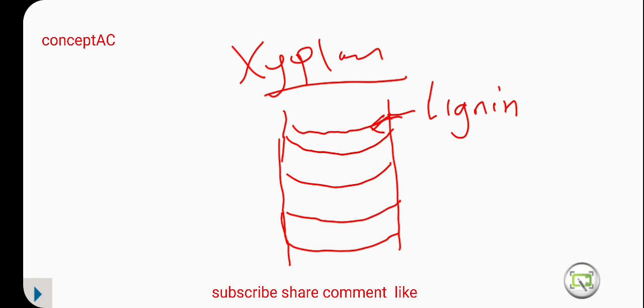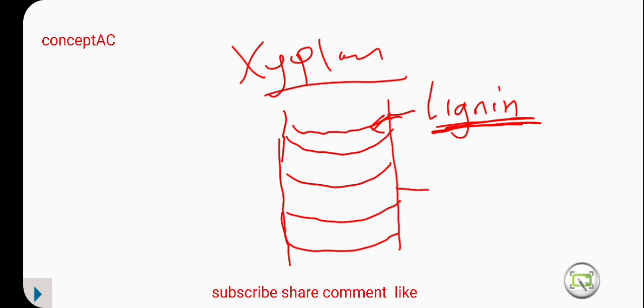Because of the lignified structure, it offers mechanical support to the plant. It makes the stem of a plant that strong.